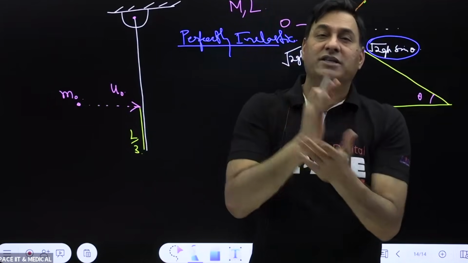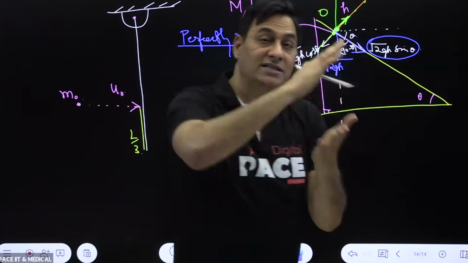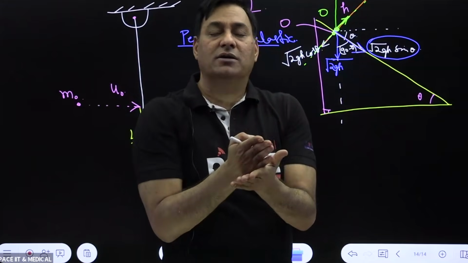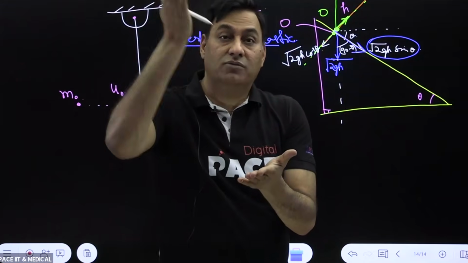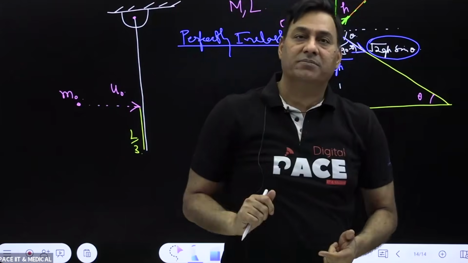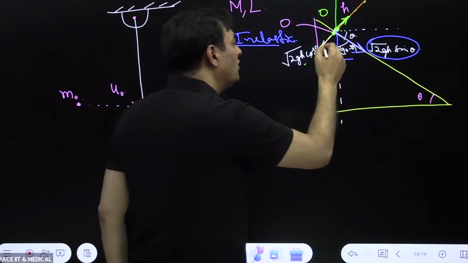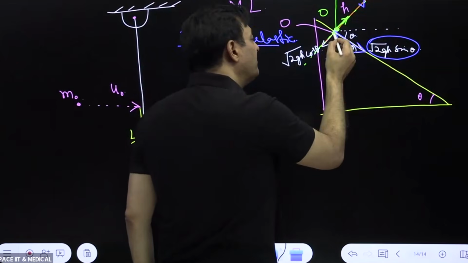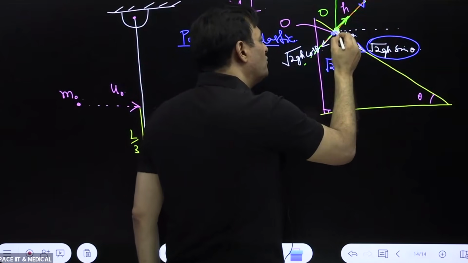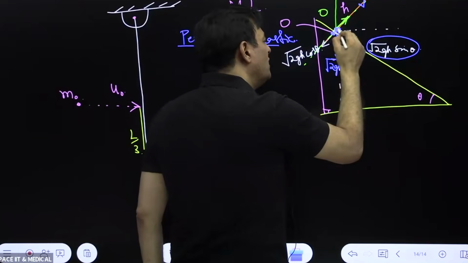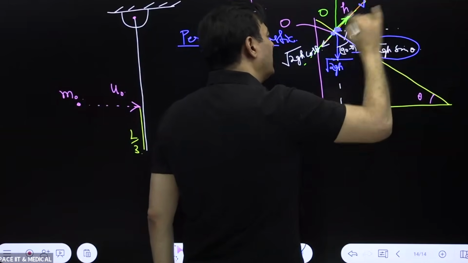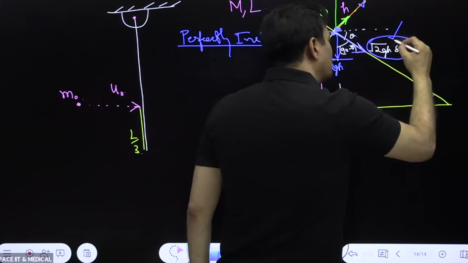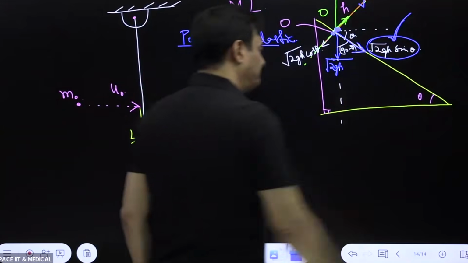But if they don't stick together, they can slide tangentially, and it can still be a perfectly inelastic collision if their velocities along the common normal become the same. Because the wedge is fixed, this velocity has to be zero, so the ball also has velocity zero. After collision, it doesn't bounce back. It will slide down the plane with this velocity, and that was the answer, and it came in IIT.